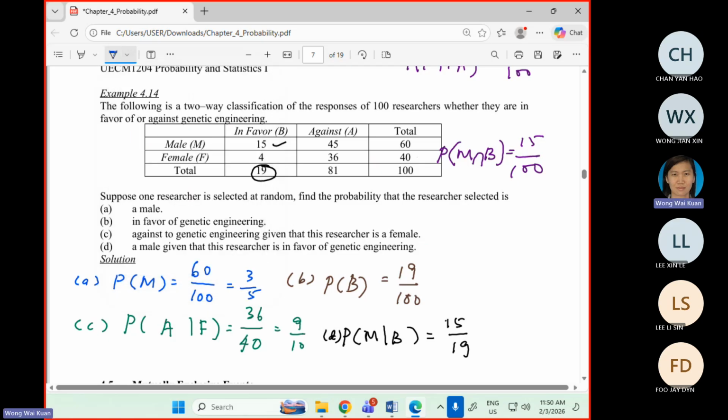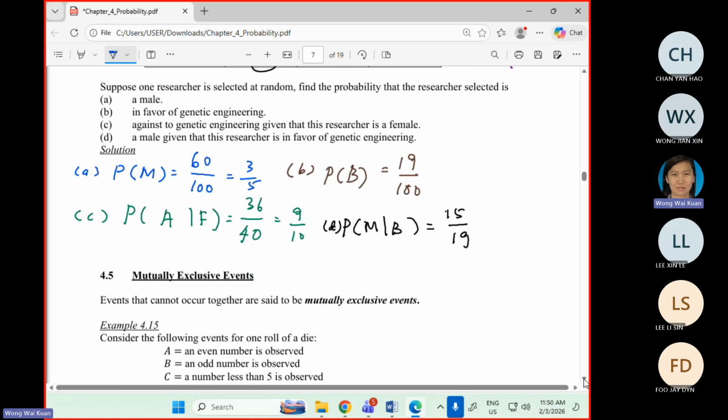Then these two cannot be simplified already, right? Okay? Can understand, right? Yeah, then go back to your tutorial. Do it, then only you will remember better.